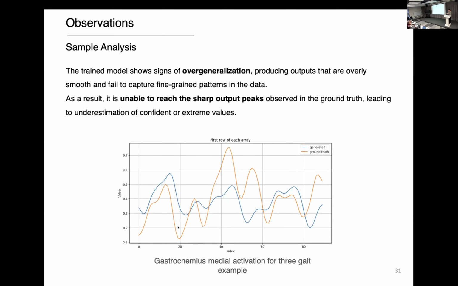What about some analysis? Here we have one muscle, gastrocnemius medial, and its activation for a 3-gate example. We can see it is quite noisy, because the ground truth reaches almost 0 and has peaks at almost 1. But our predictions, while following the main trends, are too noisy.